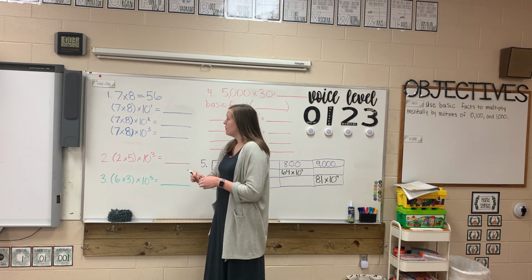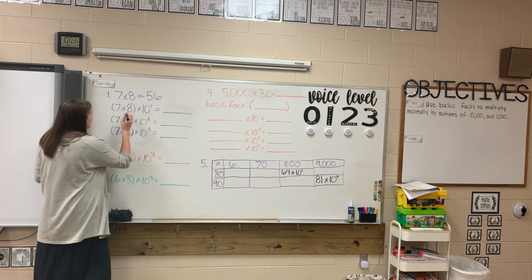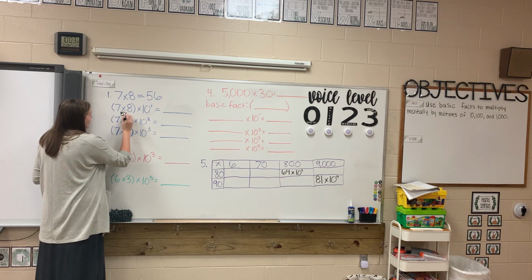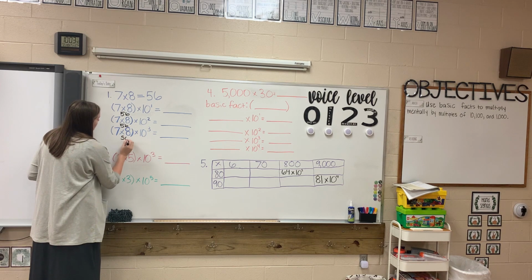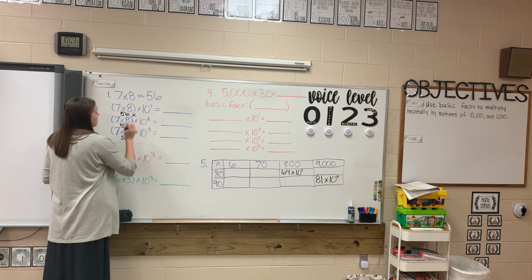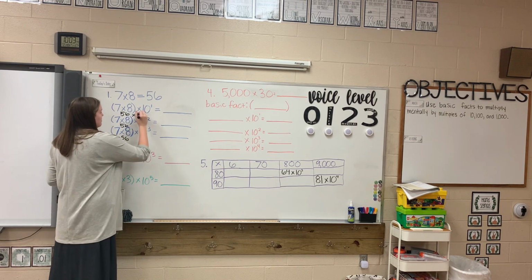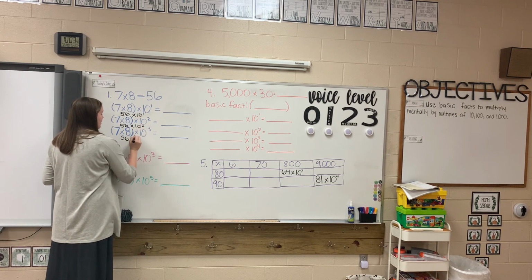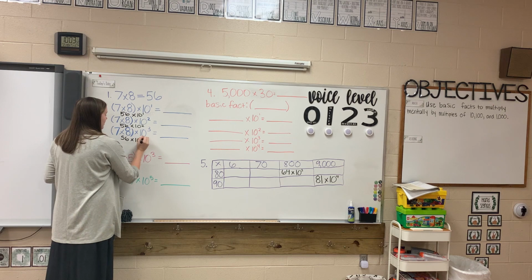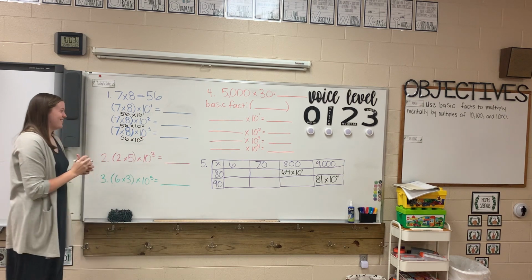So we know that we can go ahead and put 7 times 8 is 56 for all of these, right? So we're multiplying 56 by the first power of 10, the second power of 10, and the third power of 10.